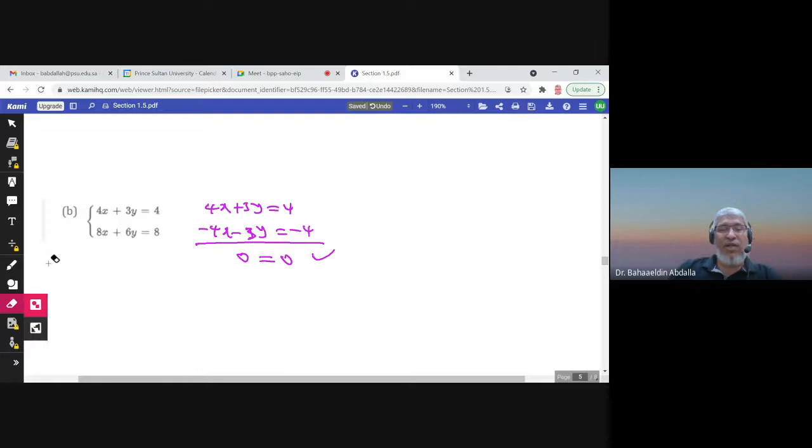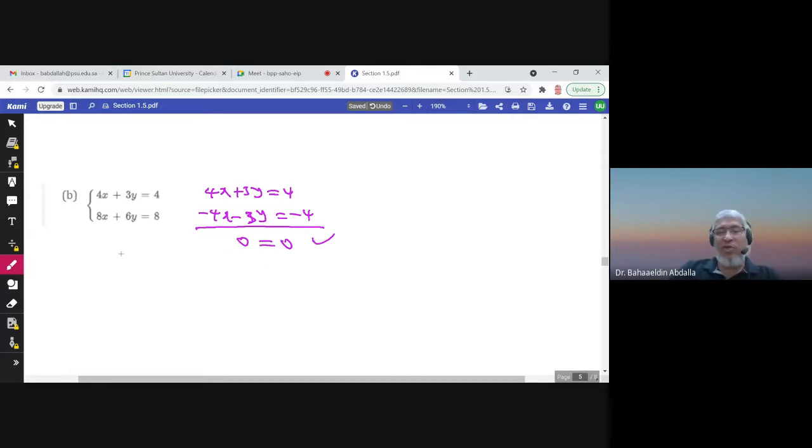Actually, if you multiply the first equation by 2, you notice that you have the same equation. So as we said, you just write the solution set in this case as all ordered pairs such that, and you write one of the equations. So I will take the first equation. These infinitely many ordered pairs would be the solution of the system.